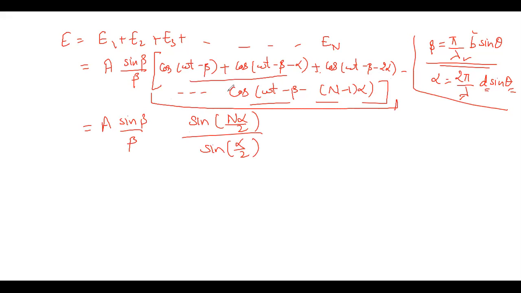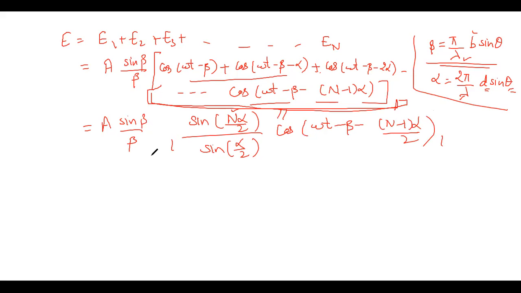You have 0, 1 alpha, 2 alpha, 3 alpha, 4 alpha, up to n minus 1 alpha. So you will have n here. And then you will have cos omega t minus beta minus n minus 1 alpha over 2. This is a trigonometric series whose sum is given by this expression here, from here to here.